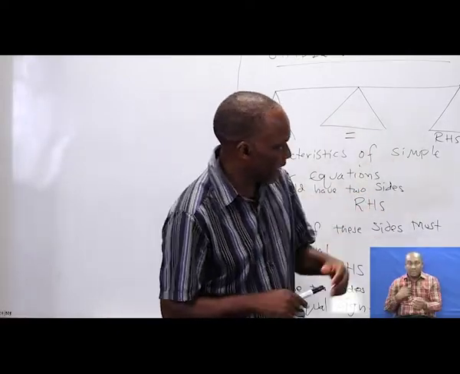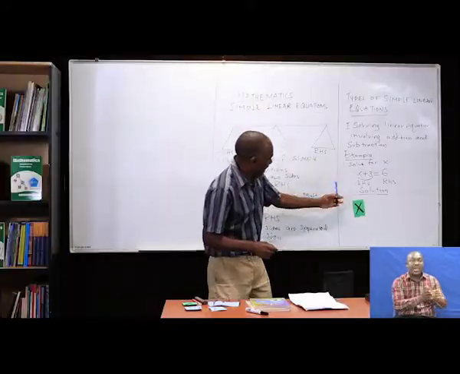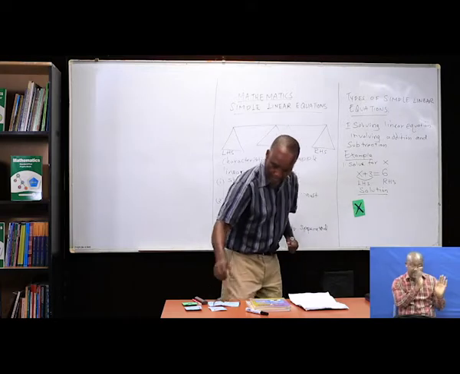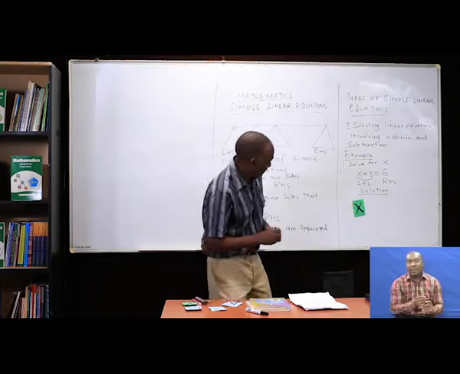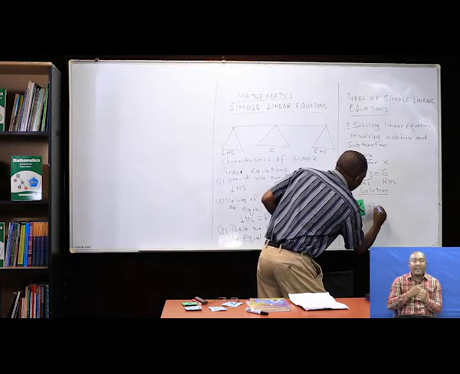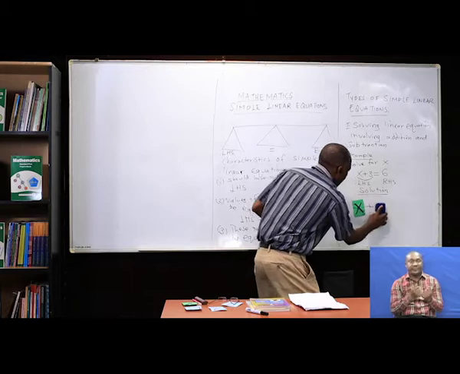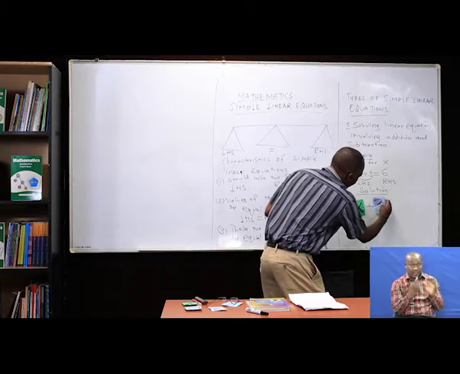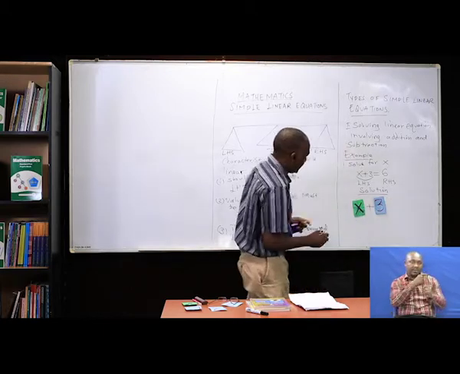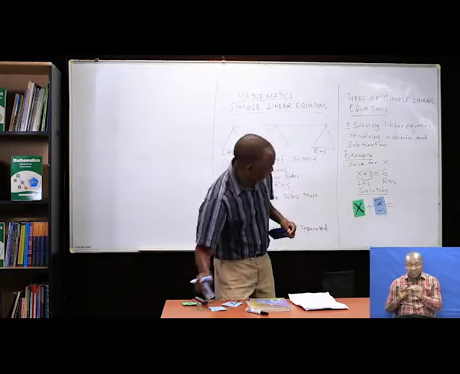Let me start with the common method. It is x plus 3, and then equals 6.